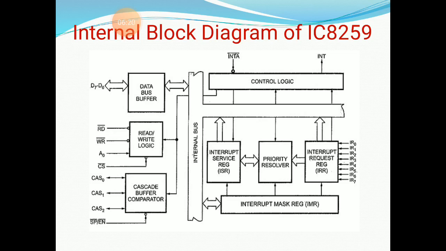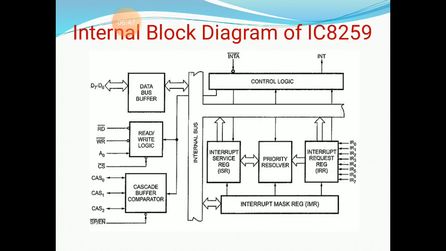And the cascade buffer comparator is used for cascade operation. A single IC can allow 8 interrupt sources. If the IC is used in cascaded mode, 8 ICs are connected to a single IC, which can allow 64 interrupt sources. There are 3 IO lines in the cascade buffer called CAS0, CAS1, CAS2.